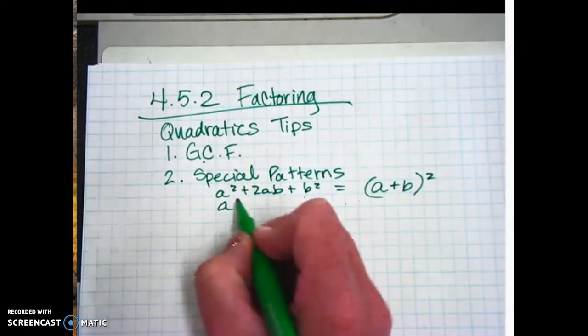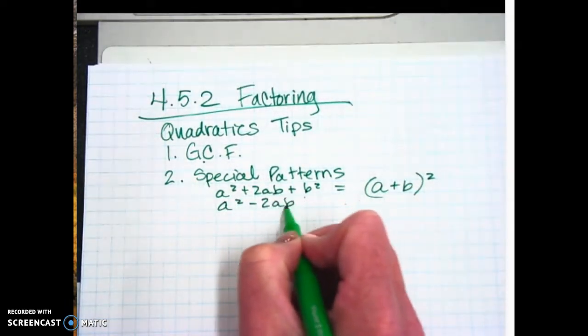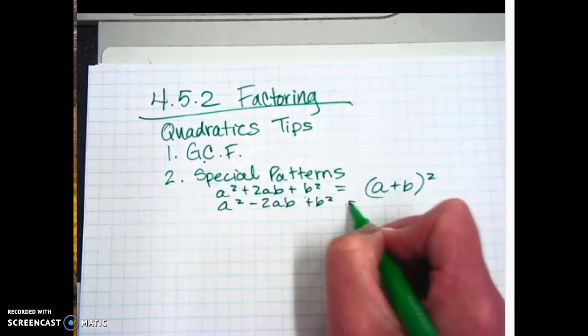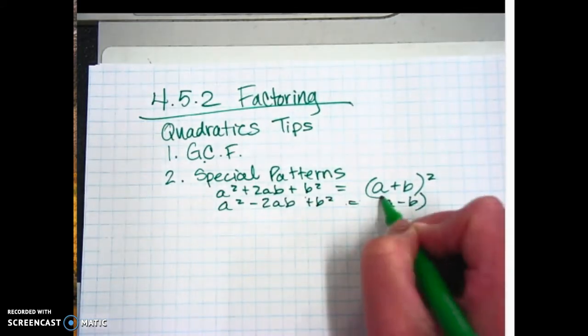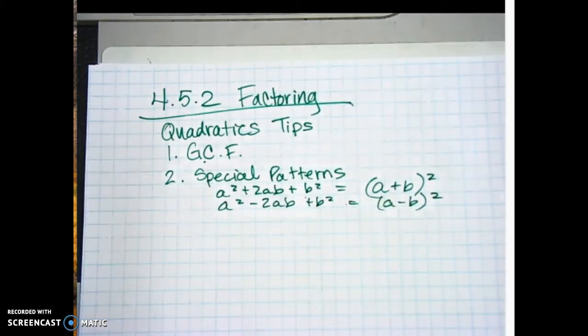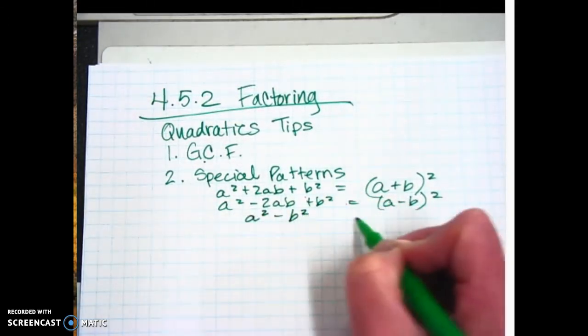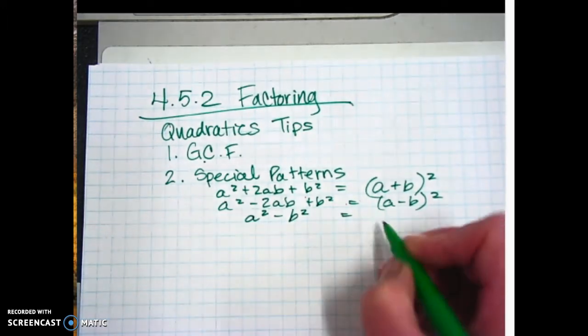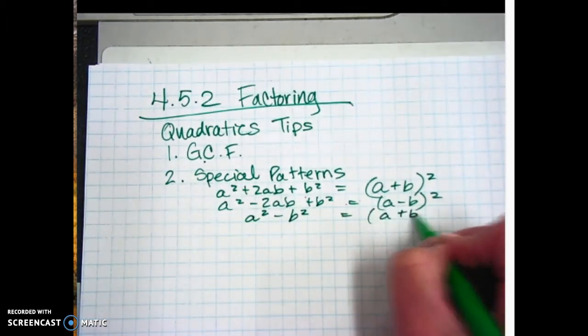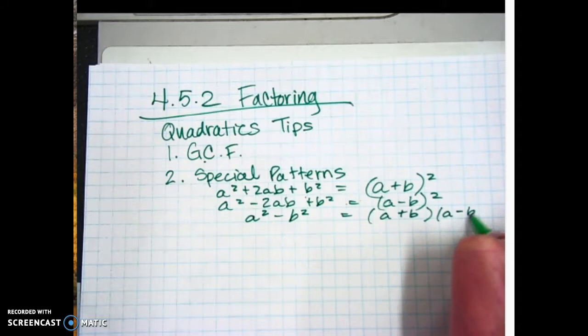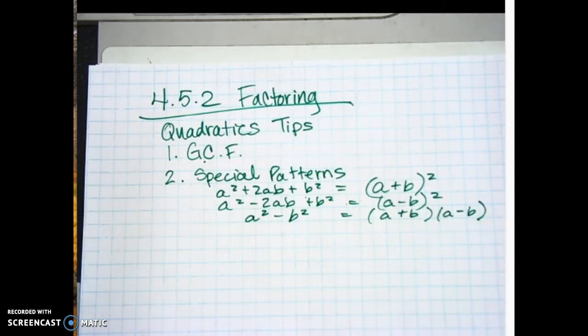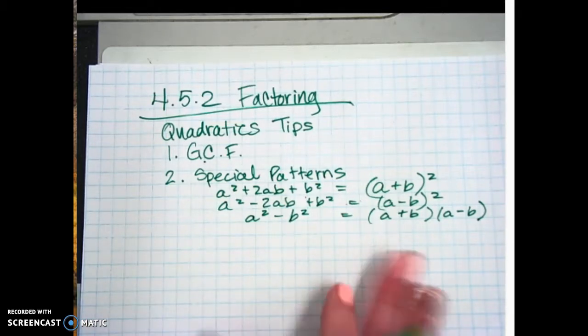Or if it's a squared minus 2ab plus b squared, it's going to be the a minus b quantity squared. And the one that I always think saves the most amount of time is a squared minus b squared, which factors to a plus b times a minus b. So those are the three special patterns that can make it faster for you.